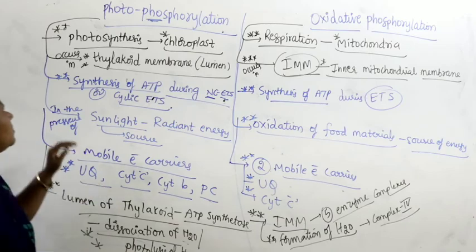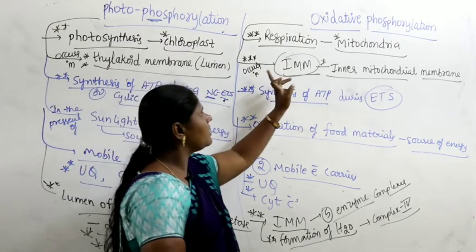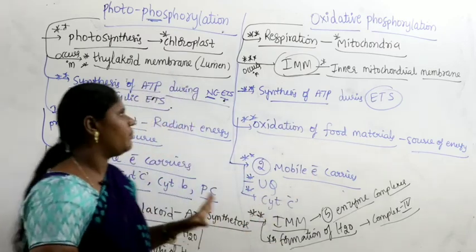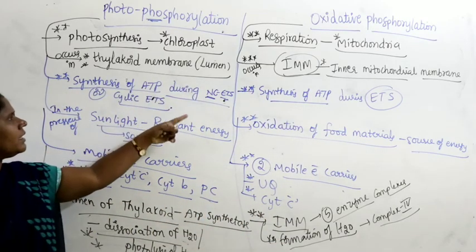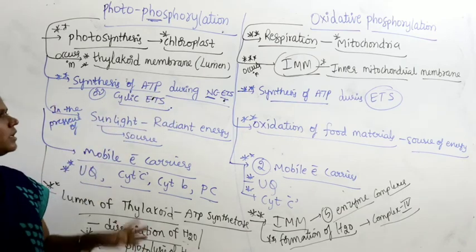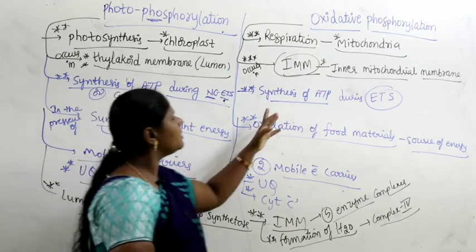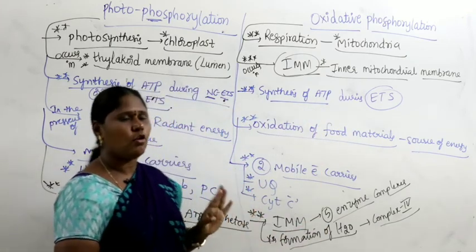This occurs in the thylakoid membrane, lumen, whereas this occurs in the inner mitochondrial membrane. Synthesis of ATP during non-cyclic or cyclic ETS is the actual process in photophosphorylation, whereas here synthesis of ATP occurs during ETS in mitochondria.